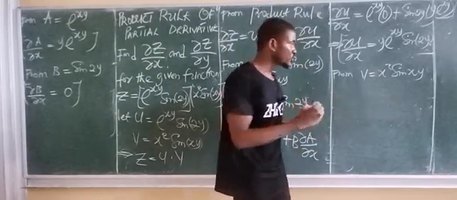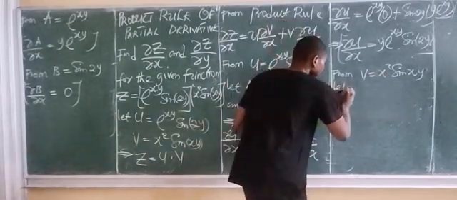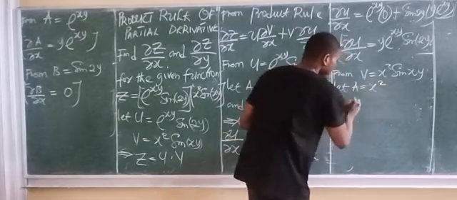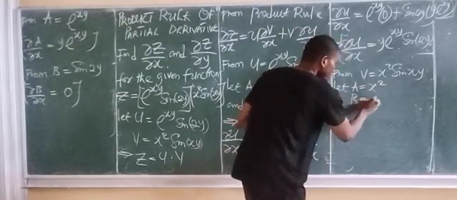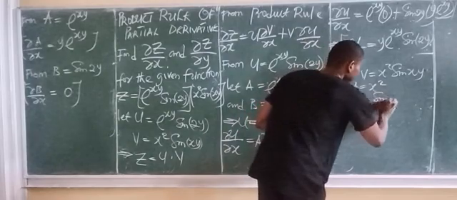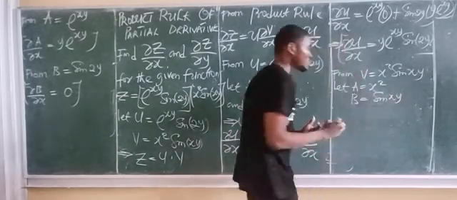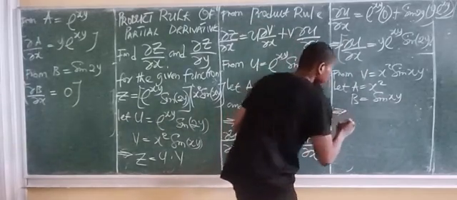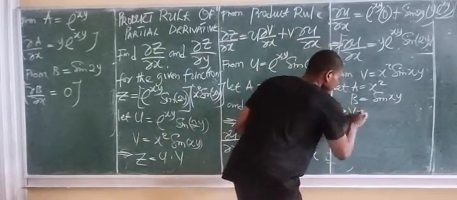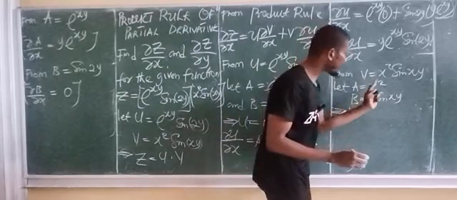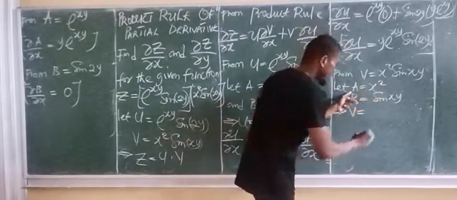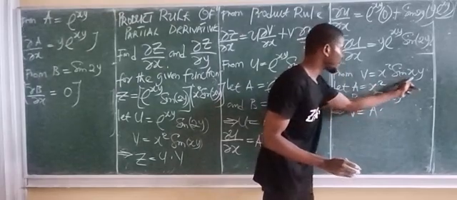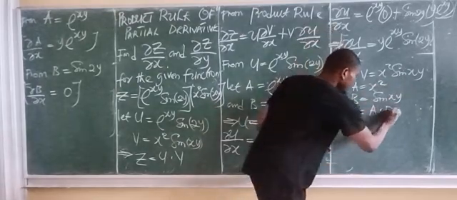So I can also choose to say let a be equal to x squared and let b be equal to simply sine xy. So this simply implies that v itself is simply equal to, in place of x squared, I called it a, so I have a, and in place of sine xy, I called it b, a dot b.